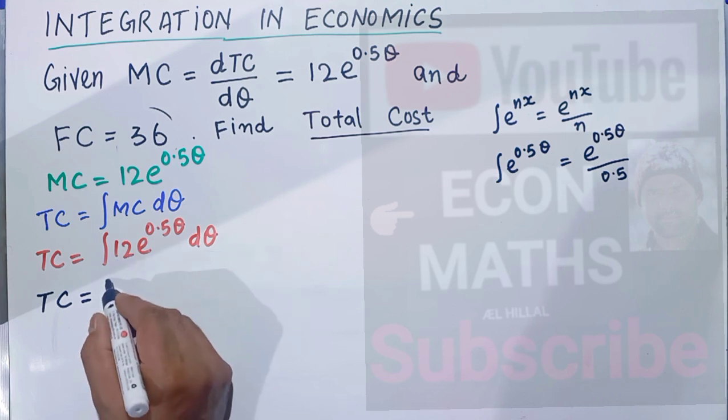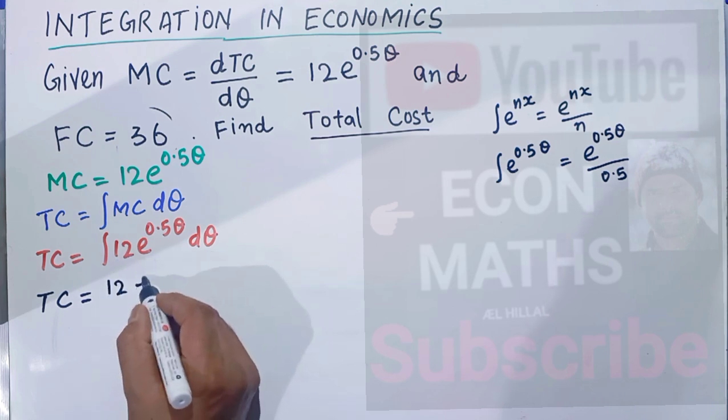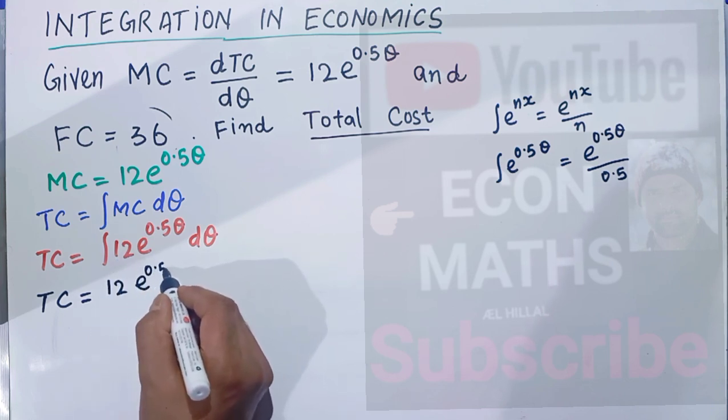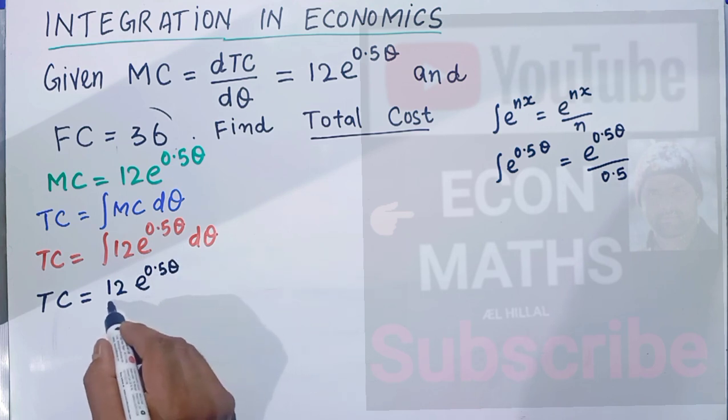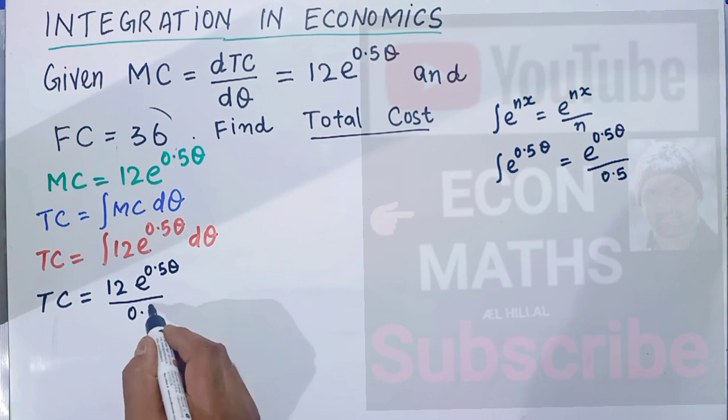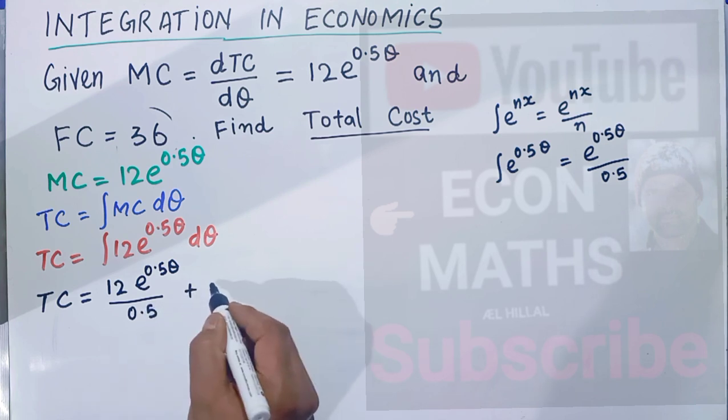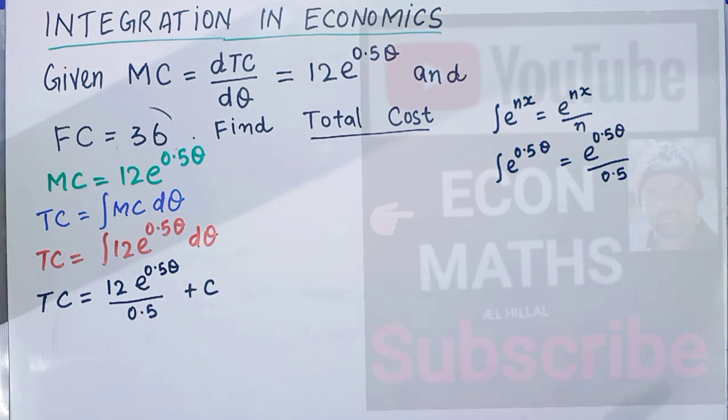So we can write, we have 12, in place of e to the power 0.5q we write e to the power 0.5q and divide it by 0.5, plus we add the constant of integration.